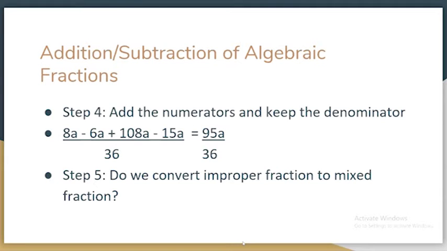So we are adding the numerator, and we have 95 A's. And the denominator remains the same, 36. Now here, once again, we have an improper fraction. Do we convert it to a mixed fraction when we're doing algebra?